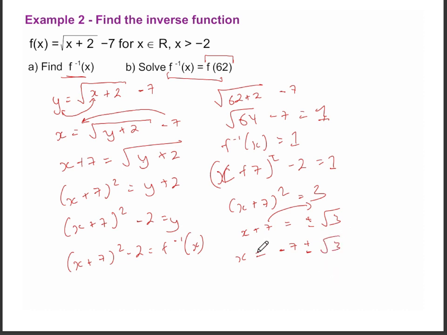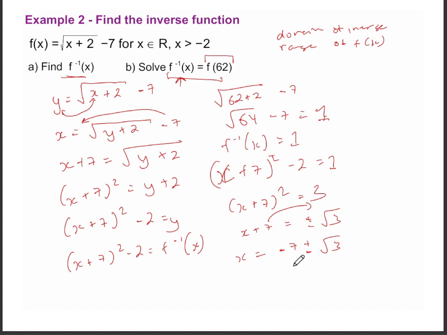Now remember, this x is actually the x of the inverse function, right? Because remember, we found the x of the inverse function, which goes under the domain of the inverse, which remember was the range of the original function. And from that, we can find what the range of the original function is.